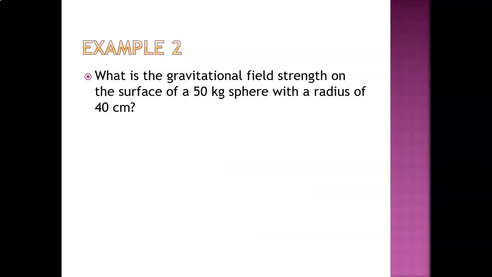Well, all objects, in fact, do have this gravitational field strength. It's just that smaller objects, such as this 50 kilogram sphere with a radius of 40 centimeters, are going to have a much smaller gravitational field strength on their surface than Mercury did. So again, g equals capital G m over r squared.